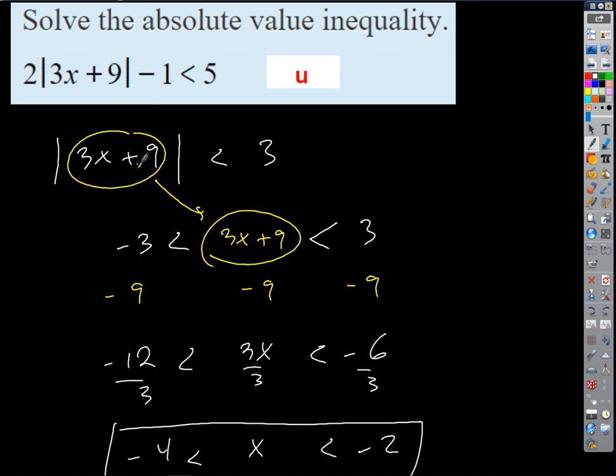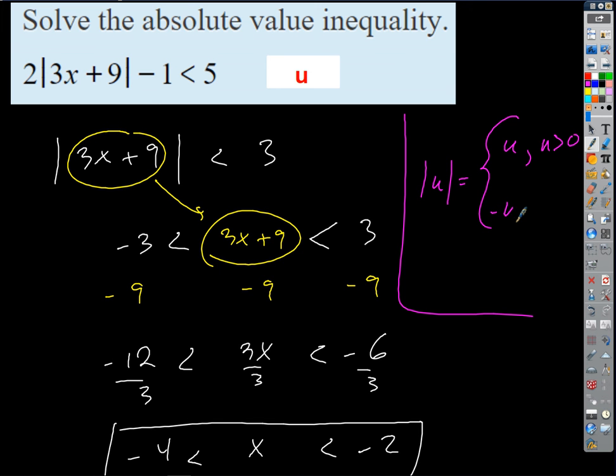Technically, you guys are advanced, I'll just show you this, but don't panic if it doesn't make sense. Technically, here's how you would define the absolute value. The absolute value of u is equal to positive u when u is positive, negative u when u is negative, and 0 when u is 0, which really makes sense. You guys will get that if you think about it for a second.